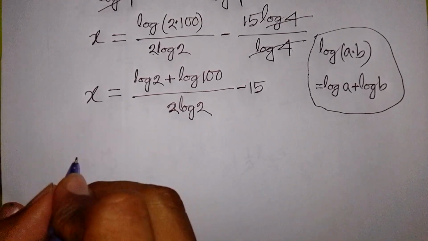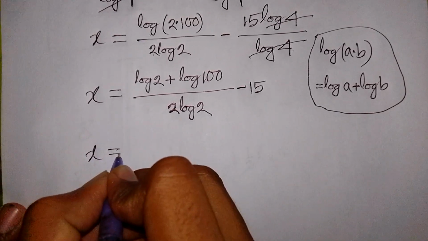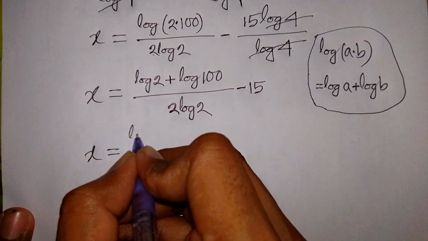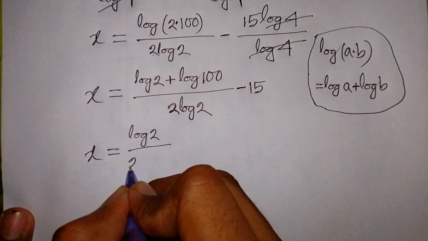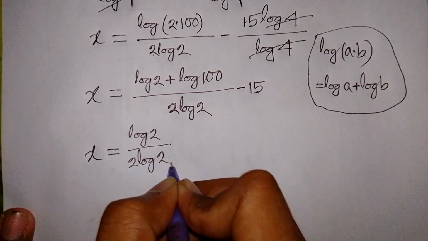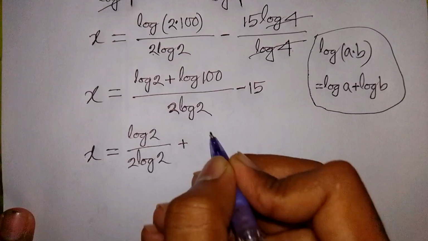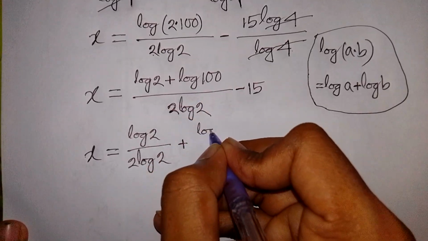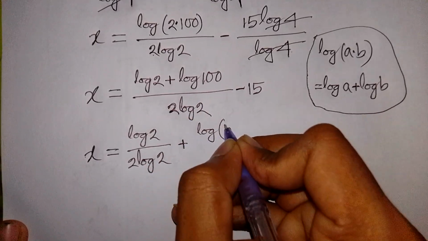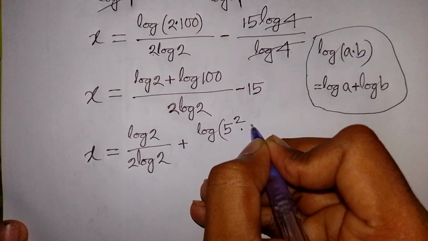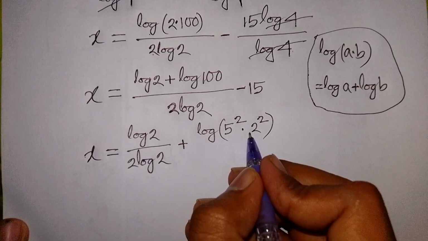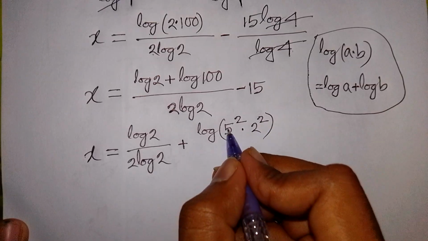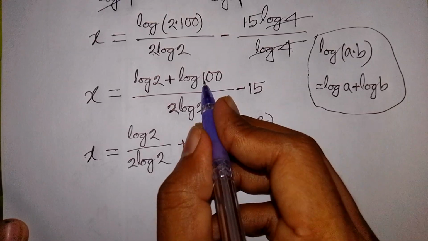In the next step, x will be equal to log 2 over 2 log 2, then here plus log 100, which can be written as log of 5 square times 2 square. 5 square is the same as 25, 2 square is the same as 4. So 25 times 4 is the same as 100.